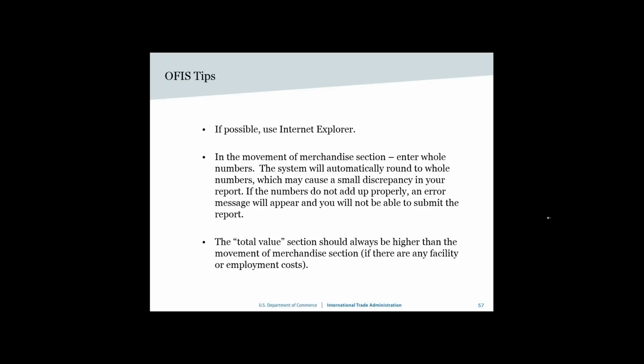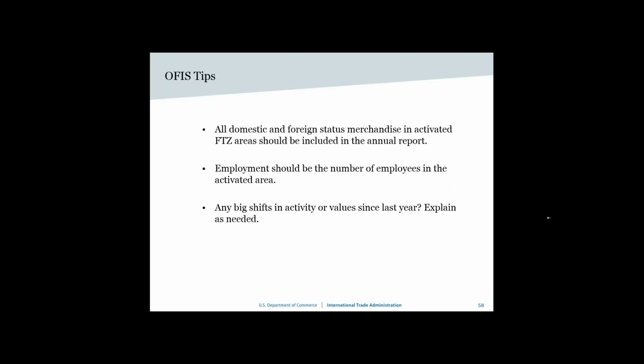And again, the total value of shipment section. So the total value should be greater than the merchandise only value. So the total value section at the very bottom of the report, if you have any employees or any facility costs in the activated area of the zone, will be higher than the merchandise value. The probably easiest way of remembering that.